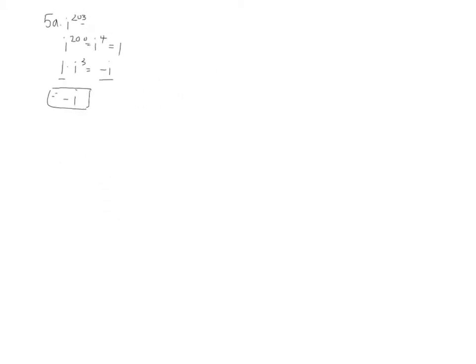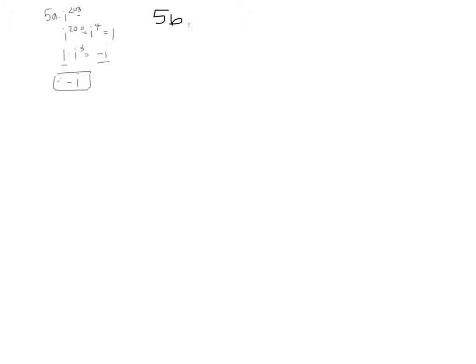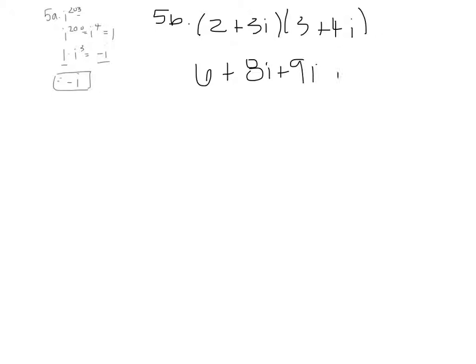So that is that one. Now 5b is a little bit different. They want us to multiply, so they give us 2 plus 3i times 3 plus 4i, and we just FOIL for this. So we get 6 plus 8i plus 9i plus 12i squared.